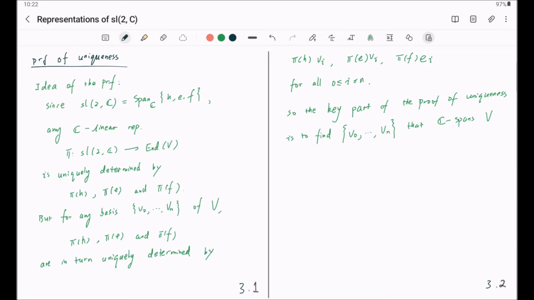Strictly speaking, there will be the proof of uniqueness and the moreover part. This is done through finding V0 through Vn that span V and satisfy properties 1, 2, 3 in the statement of the theorem.